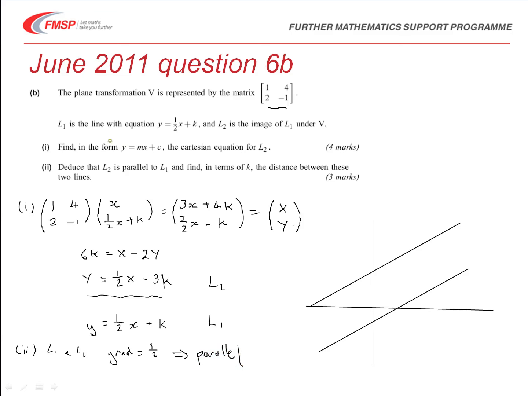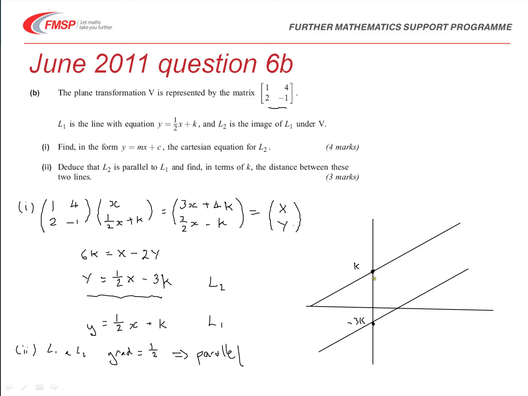Okay. And then it says find in terms of k the distance between these 2 lines. So you can see here I've drawn 2 parallel lines in preparation. We could say that one of these lines passes through k on the y-axis and the other one passes through negative 3k. Where they are, it doesn't really matter.